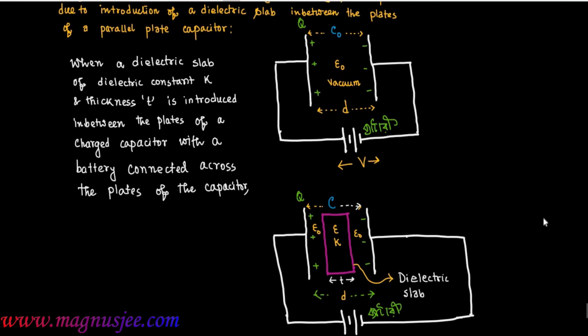C is the capacitance of the parallel plate capacitor with the dielectric slab.